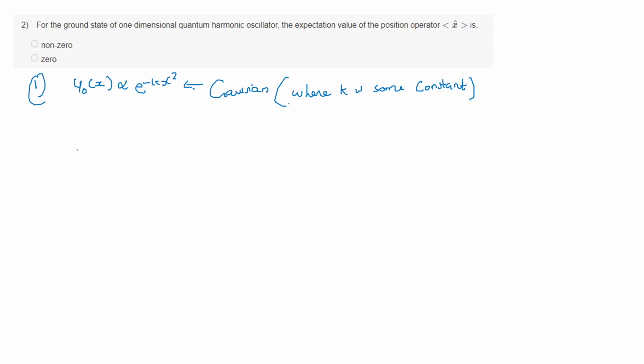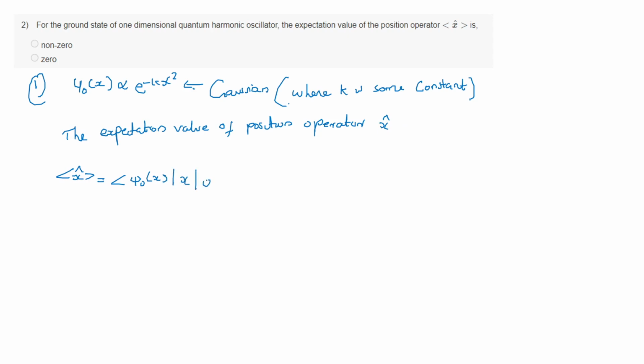Now, the expectation value of the position operator x cap, what will it be? The expectation value of x will be the integral from minus infinity to infinity dx psi 0 star of x times x times psi 0 of x.